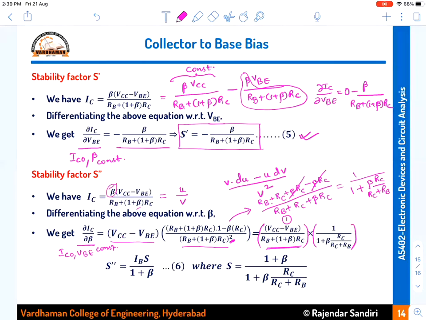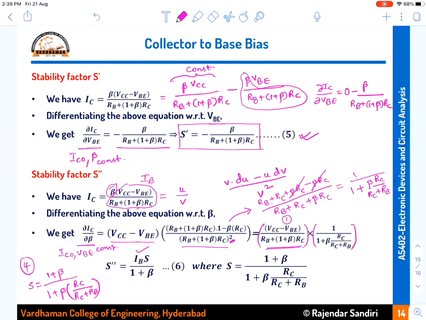This entire thing will be IB. So simply I am writing this first term as IB. And the remaining term is the formula for S. S is equal to, in this case, 1 plus beta by 1 plus beta into RC by RC plus RB. That's what we calculated in equation number 4.